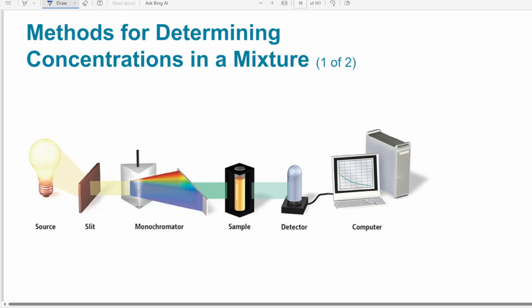The monochromator is what determines the wavelength of the light that will be measured. And then that particular wavelength passes through the sample and is absorbed, and the amount of light that is absorbed is detected by the detector and then ultimately recorded by the computer.